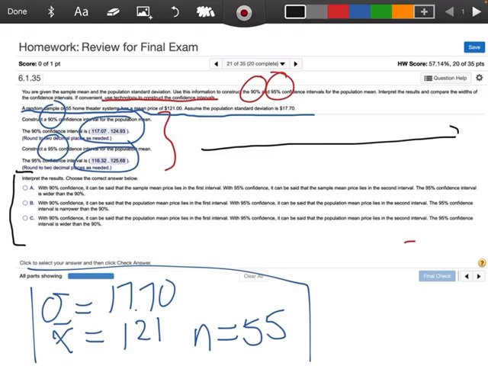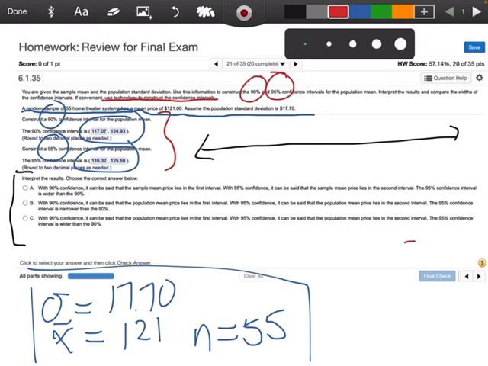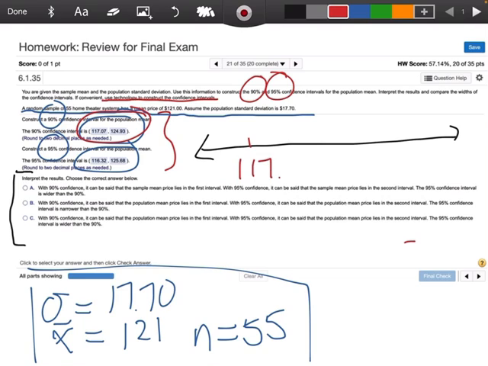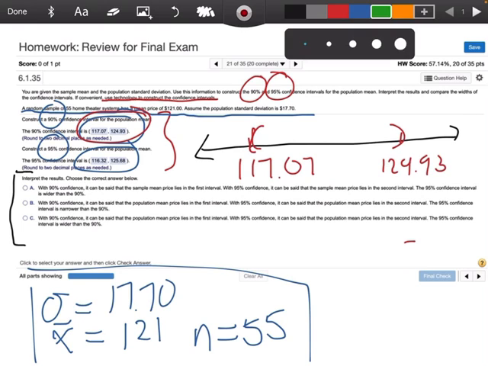Okay, so let's take a look at what they're referring to here. I'm going to draw a number line, and I'll do this one here in red. Just right here, I'm going to mark 117 and 7 cents and 124 and 93 cents, okay? So just so that you have an idea, this is my 90% confidence interval. Now, I'm going to do the same thing, but in green for my 95%.